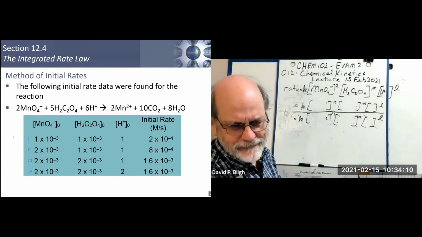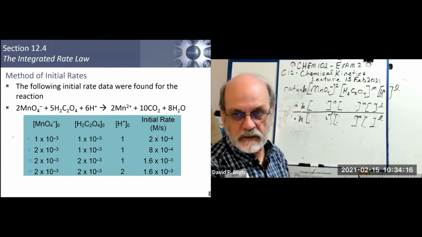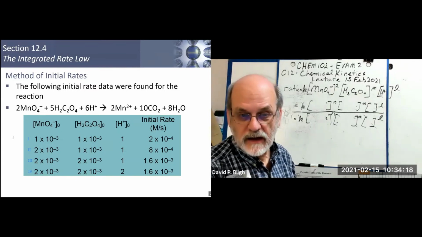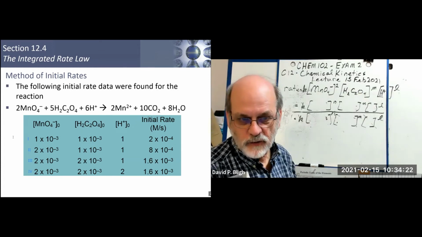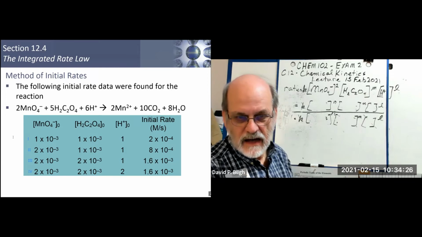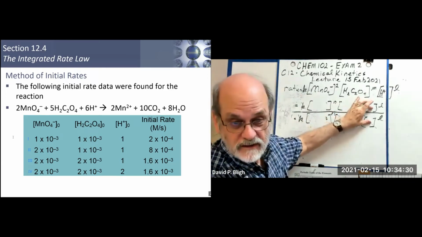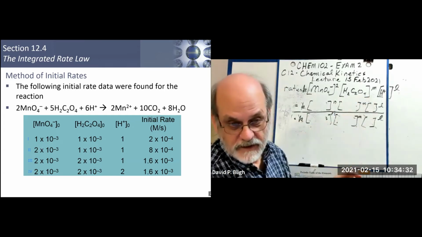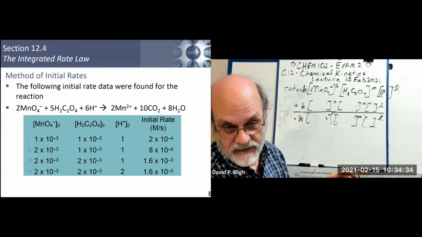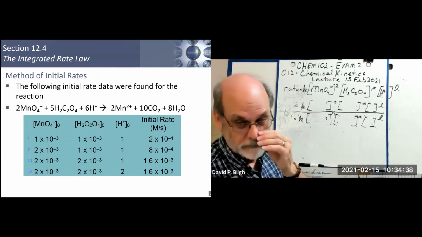Well, let's see. If we go from 2 to 3, all right, Roman numeral 2 and 3, hold these two constant and those two constant, right? This one stays the same there, and this one stays the same there and there.